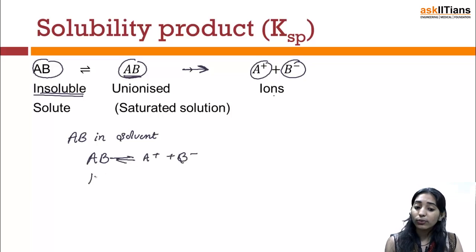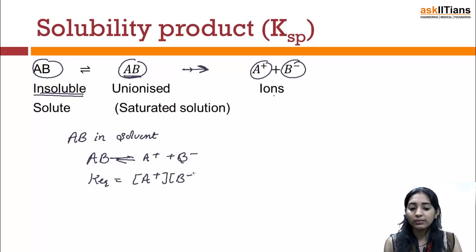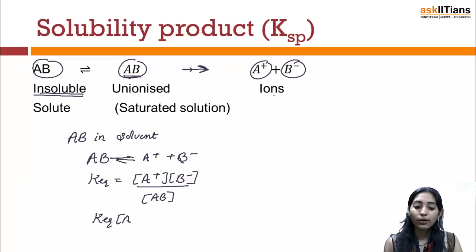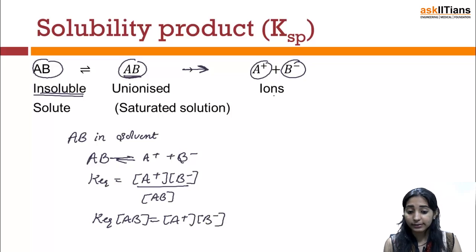I can write what the K equilibrium will be in this case. K equilibrium will be the concentration of A positive multiplied by the concentration of B minus, divided by the concentration of AB. And I can say K equilibrium times the concentration of AB gives us the concentration of A positive times the concentration of B minus.